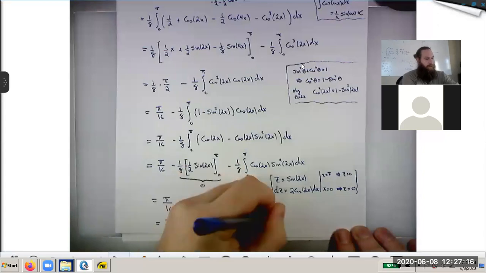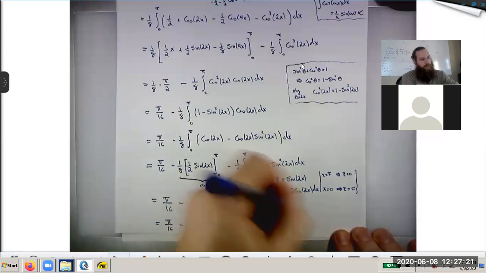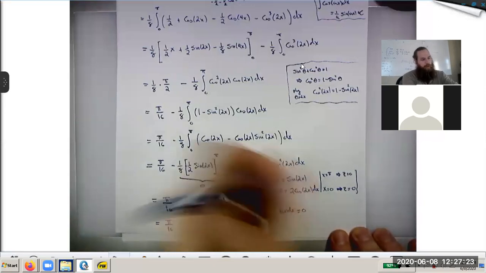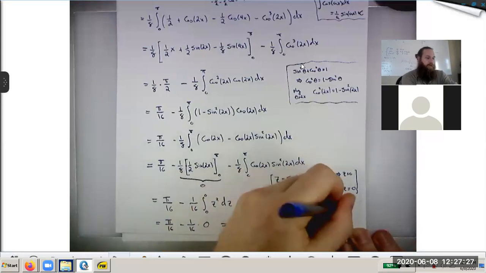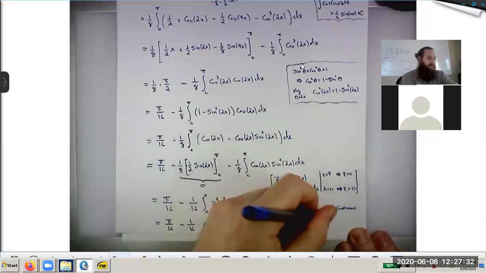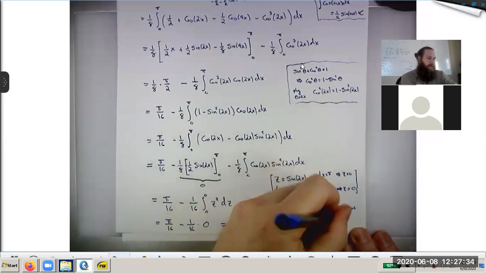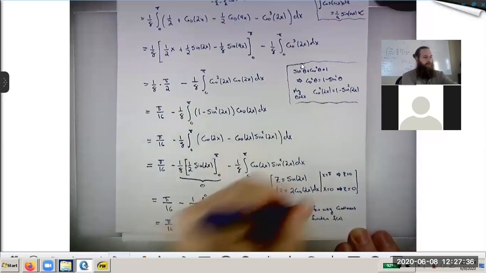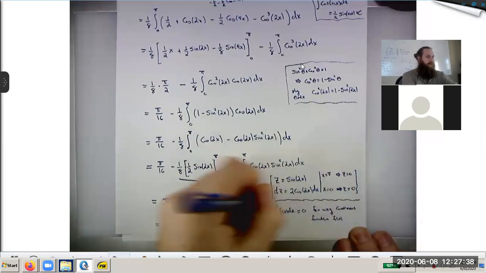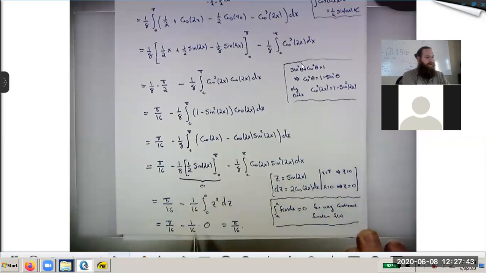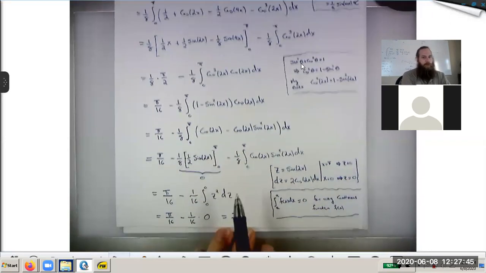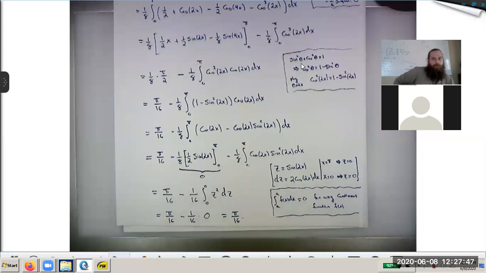The integral from a to a of f of x dx is 0 for any integrable, let's say for any continuous function f of x. So that's how I conclude that that last piece is 0. You could write it as z cubed over 3 and then evaluate between those two bounds. You'll still get 0.